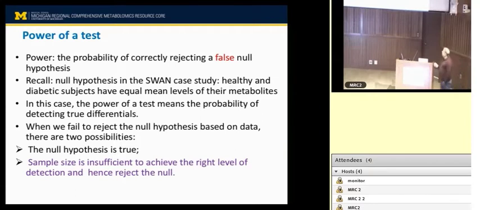So essentially, another way of thinking about this issue is that the power of a test assesses the probability of detecting true differentials. So the question is what might happen, and there are two possibilities.